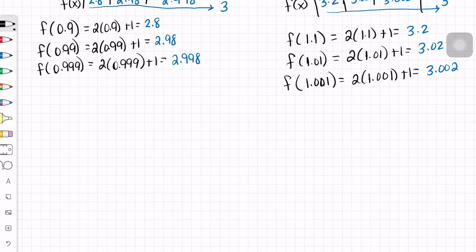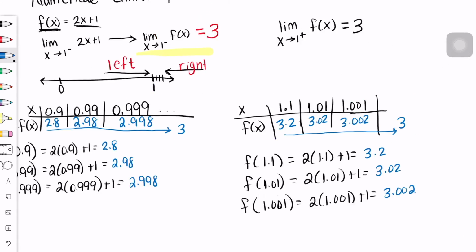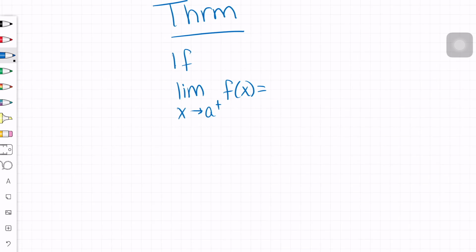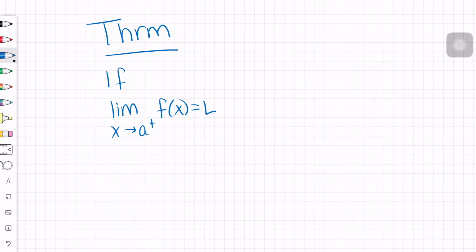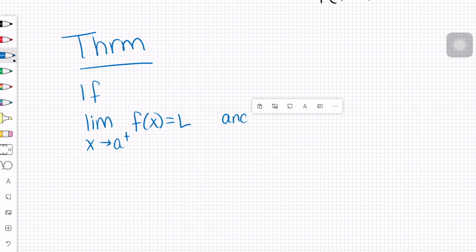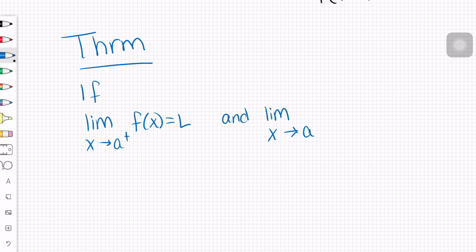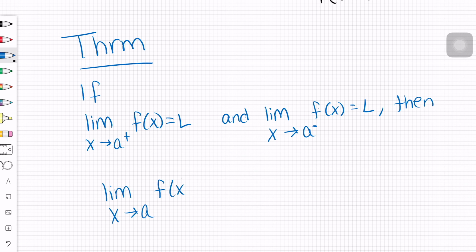My theorem says that if the limit as x approaches a from the right side of f of x equals L, and the limit as x approaches a from the left of f of x equals L, then the limit as x approaches a of f of x is equal to L.